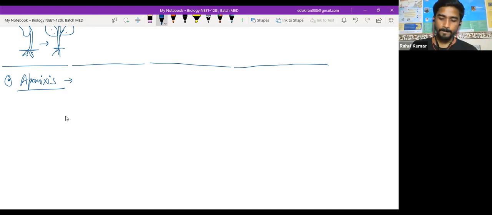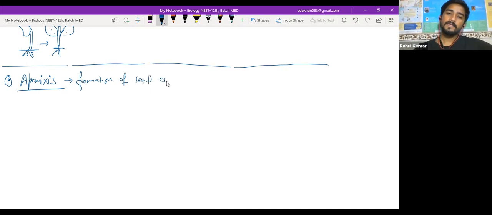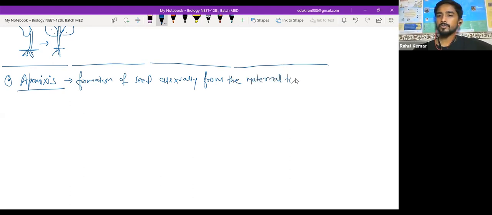Where a seed is formed asexually from the maternal tissue of the ovule.